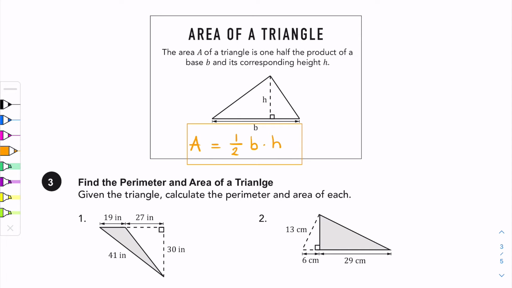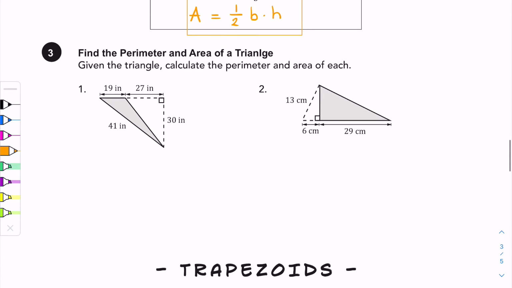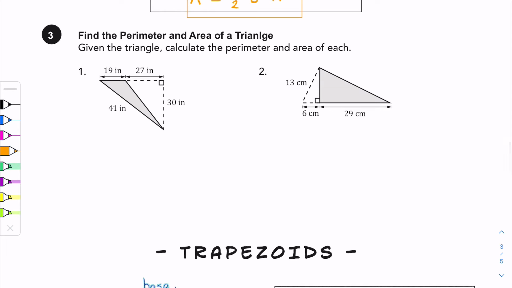So if we work on number 1, we are finding the area and perimeter of each of these figures. So number 1, we can certainly find the area pretty quick because we know that we're looking at just the shaded region. Let me highlight that.